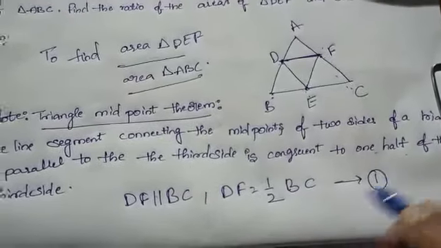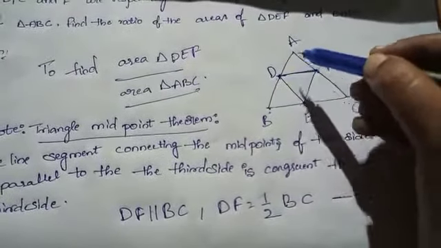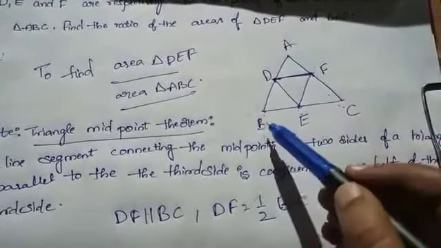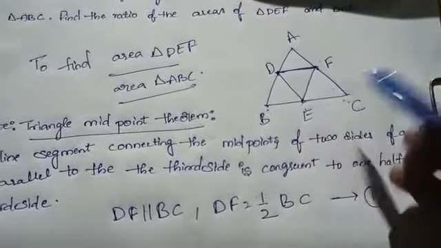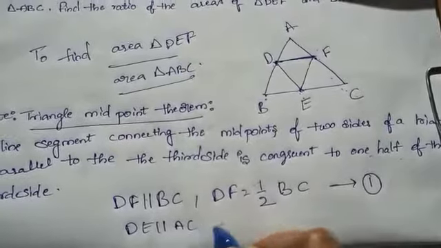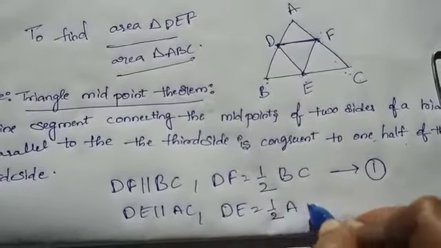This is equation 1. Next, DE is connecting AB and BC, so DE is parallel to the third side AC and DE is equal to one half of the third side AC.